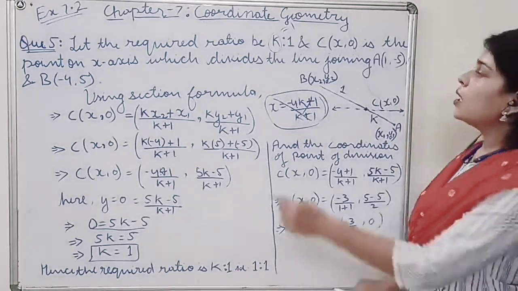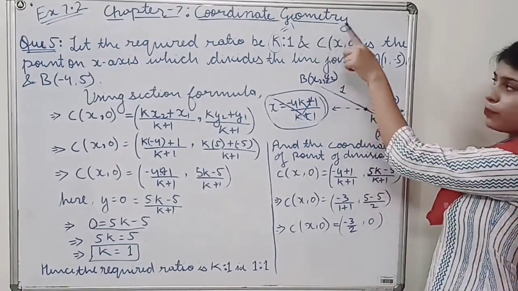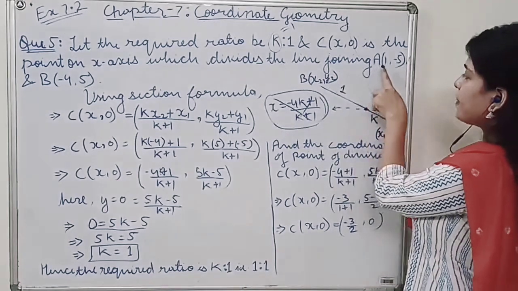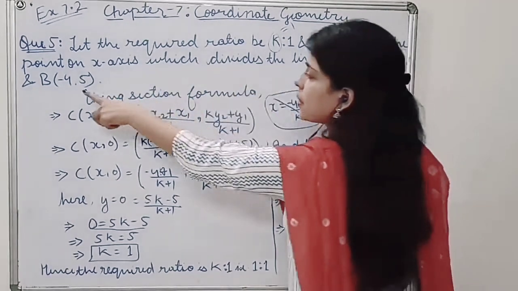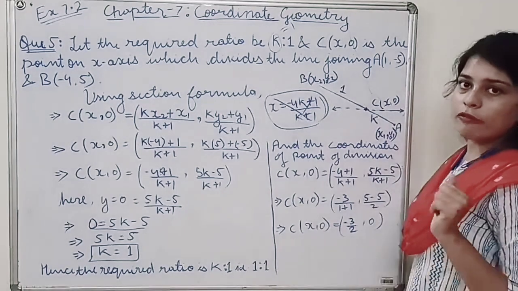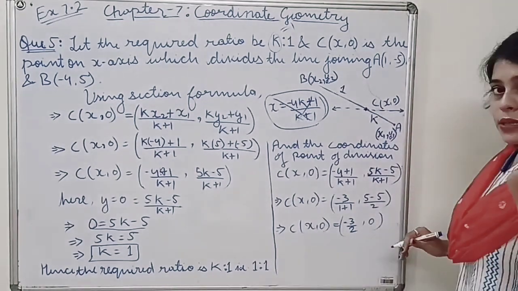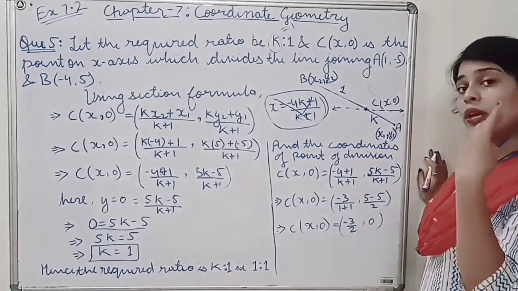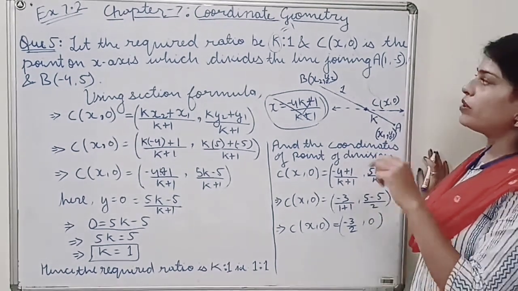It means the point on the x-axis is dividing the line segment joining A and B in the ratio of 1:1. Now the second part of the question: we have to find the coordinates of the point of division also.